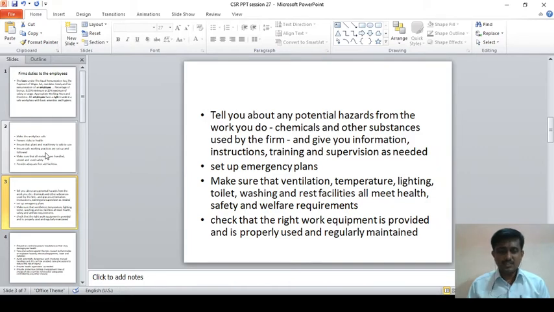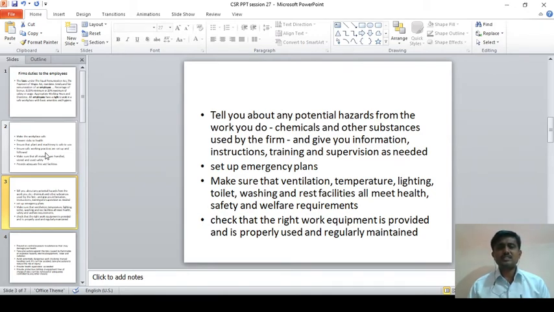That is, make sure whether the workplace is properly ventilated or not, whether the temperature allows the employee to work, whether lighting facilities are provided, and the toilet, washing and rest facilities, especially for women employees, whether a restroom is provided or not.